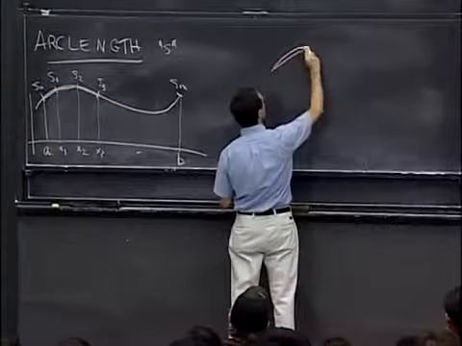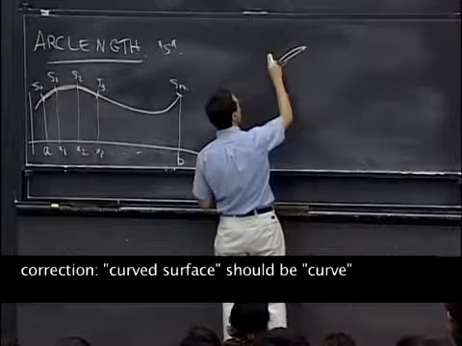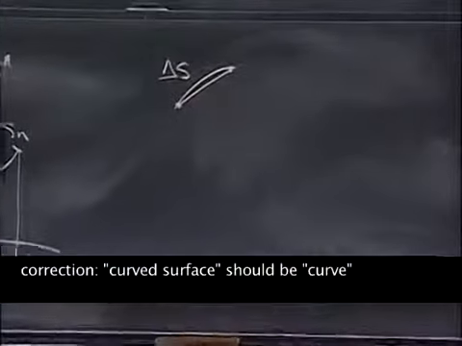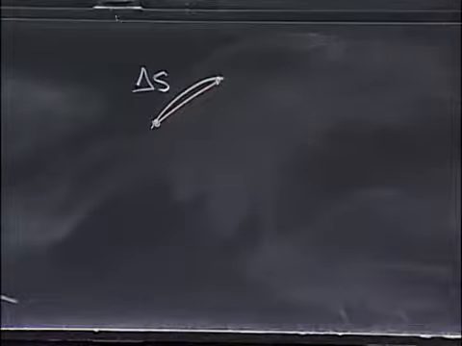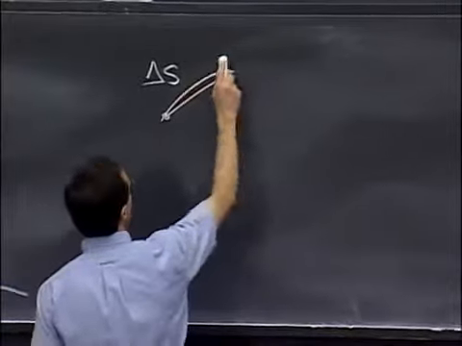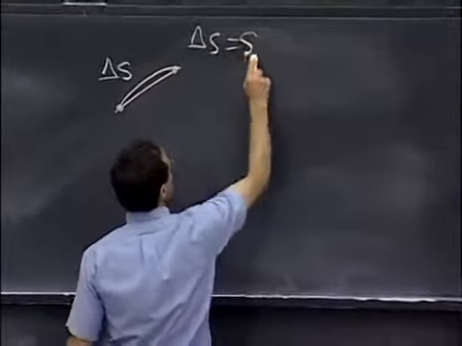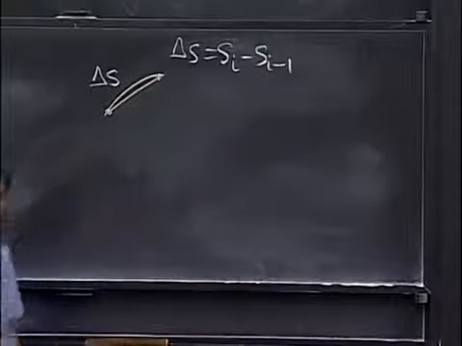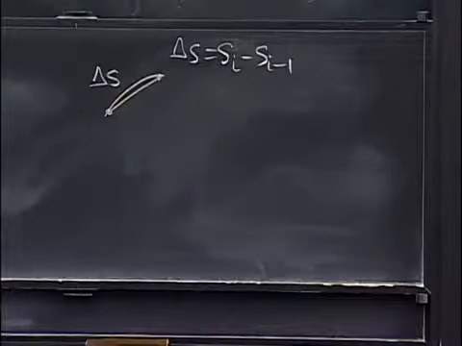So let me just depict one little chunk of this, which is like this, one straight line, and here's the curved surface there, and the distance along the curved surface is what I'm calling delta S, the change in the length between, so this would be S2 minus S1 if I depicted that one. So this would be delta S is, say, S_i minus S_{i-1}, some increment there.